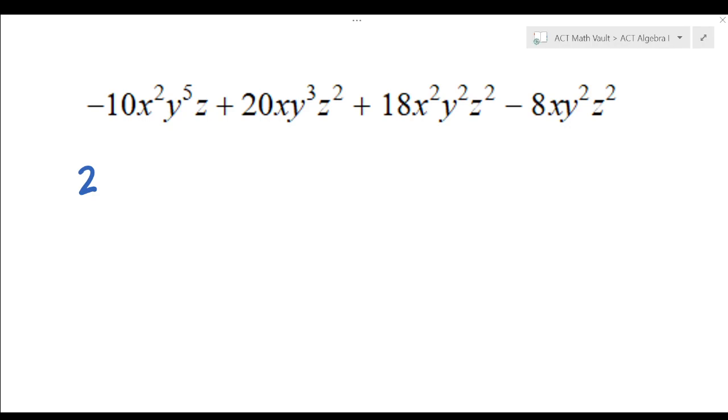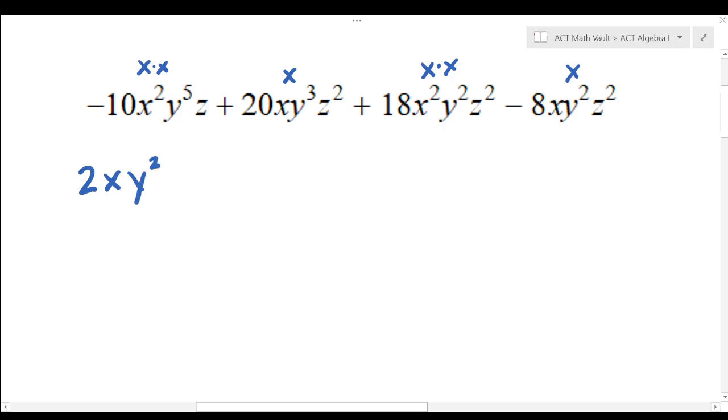So if I think of this as like 2x's, and 1x, 2x's, and 1x, the greatest number of x's I can pull out of all 4 terms is just 1x. And then the greatest number of y's I could pull out is 2y's.